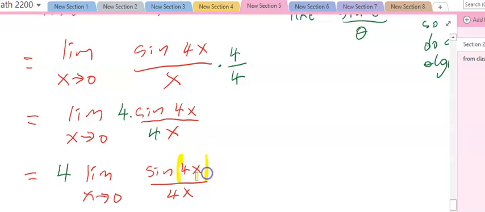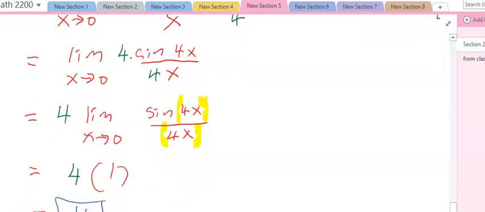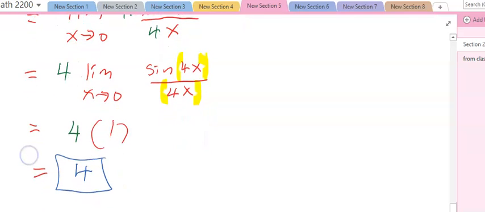Now notice we have something looking like sine of theta over theta, or a sine of an argument over the exact same argument. And we know that limit as x approaches 0 will be 1. So that's going to be 4 times 1. So our final answer is equal to 4.